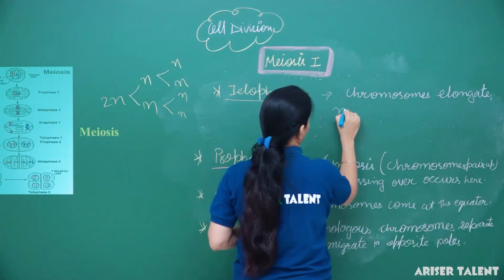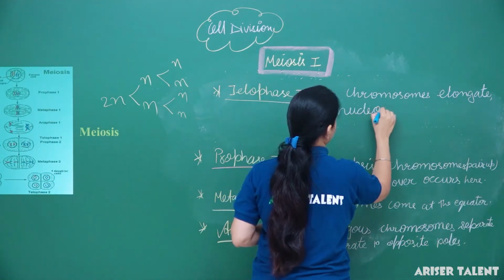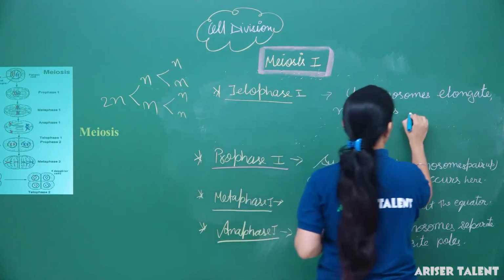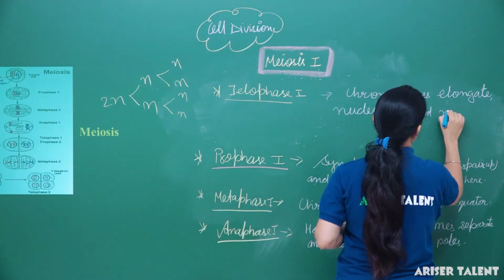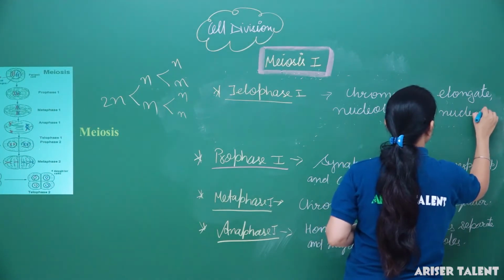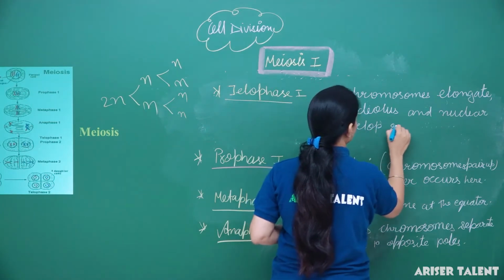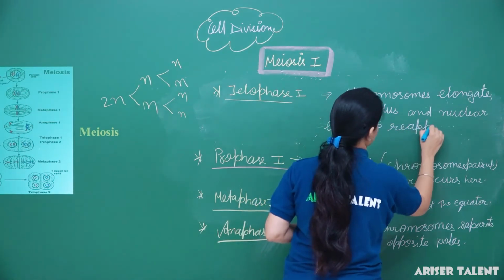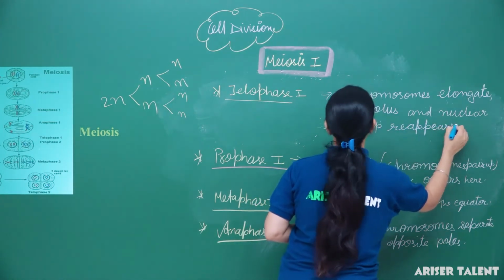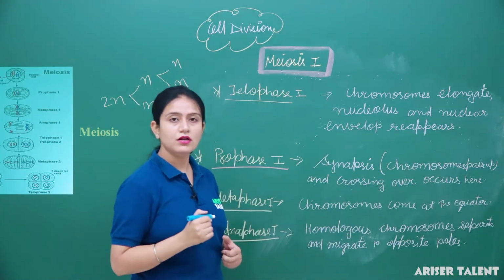Okay, the nucleolus and nuclear envelope reappear, and generally two daughter cells are formed.